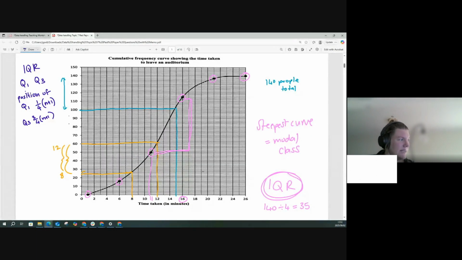So we're going to look somewhere around 35 for quartile 1. It's like somewhere there. And then let's make this 35. And then somewhere around 105 for quartile 3. So somewhere chilling there.